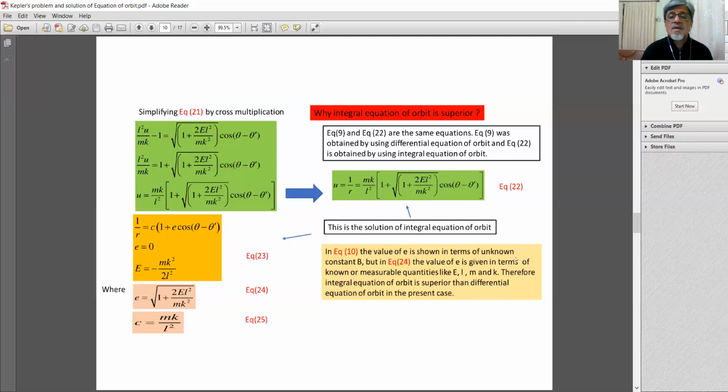So, in comparing the two types of solutions, one is the differential equation of orbit solution, another is the solution of the integral equation of orbit. But the integral equation of orbit gives a superior solution than the differential equation of orbit, and the reason we have just discussed.